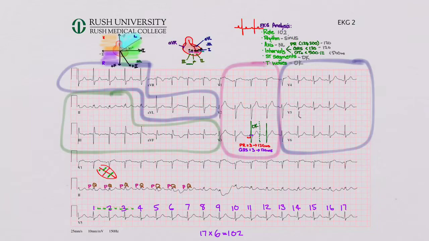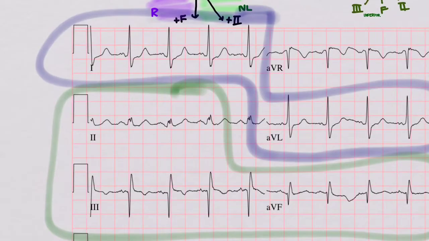Now, the real reason I put this particular EKG in here is to look at one thing that is always tested but you almost never see, and it's called the pulmonary disease pattern, or the S1Q3T3, which you're supposed to say is indicative of PE, but it really isn't. You can see it in other things, and you can see PE without it, but it's worth looking at. So first, right here, we see that there is an S in lead 1, hence the S1.